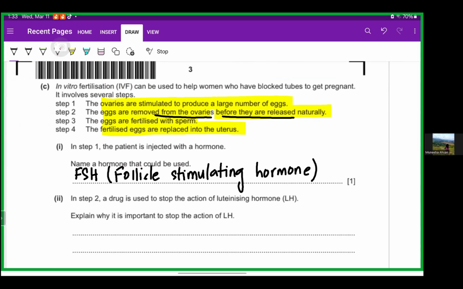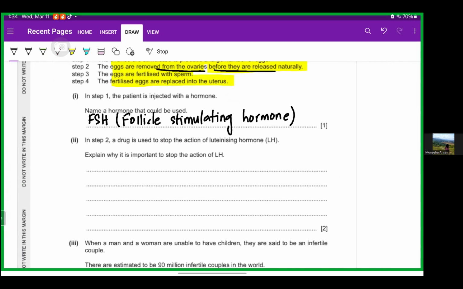This release of the eggs from the ovary is the function of the luteinizing hormone, and we do not want the eggs to be released into the fallopian tubes because we want to extract the eggs. So we need to stop the release of the eggs. Hence, we have to stop or inhibit the luteinizing hormone. So why is it important?